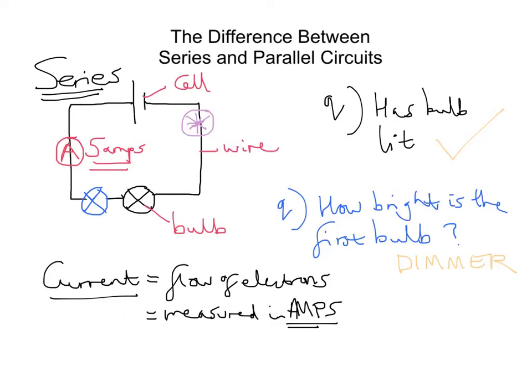So if I move the ammeter from point 1 to point 2, point 3, point 4, wherever I put that ammeter, the current stays the same. So that's one thing to note about a series circuit: the current is the same at any point. In a series circuit, however, the voltage is divided between all of the components equally, so the voltage isn't the same. So let's think about that.